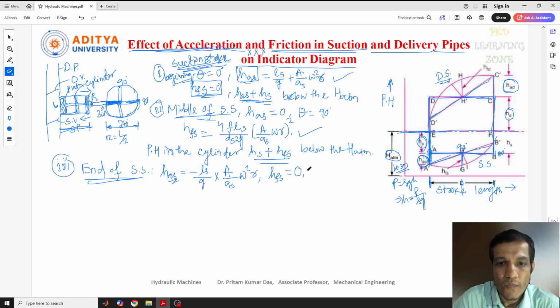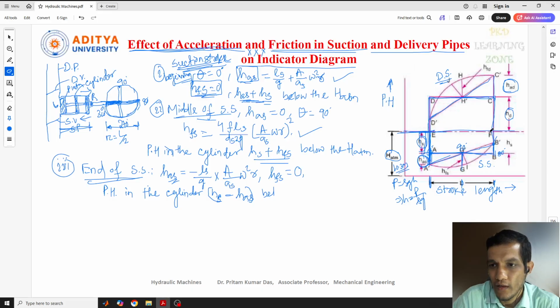Now, the same thing I can write here: the pressure head in the cylinder. We can write this as minus HAS. How much suction head is there? This minus is the negative, so that will be minus of this HAS. And this value also will be below the atmospheric head. Now see this point.